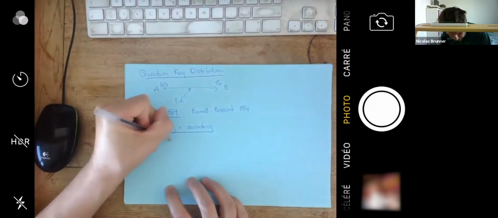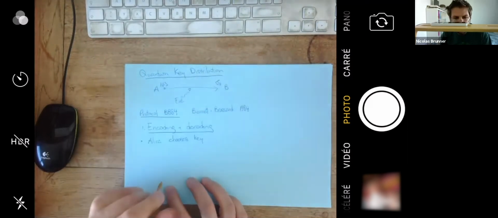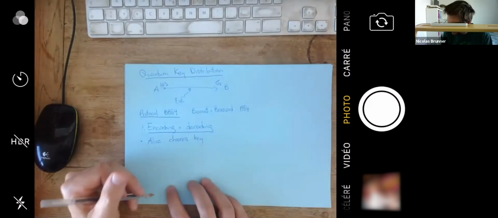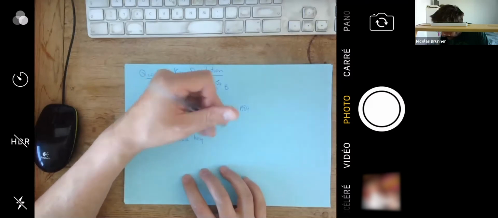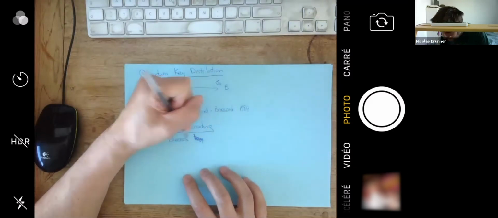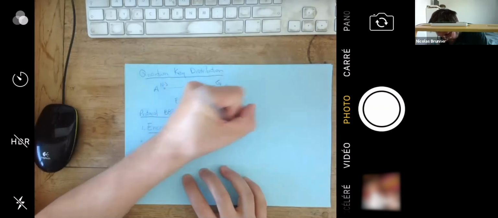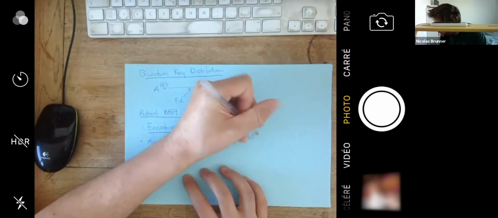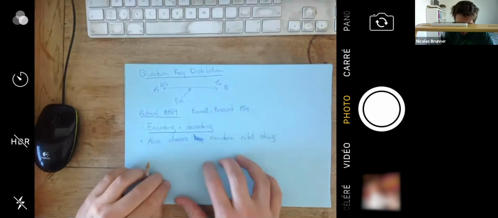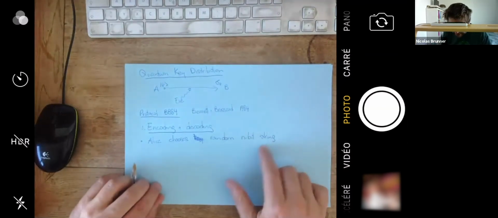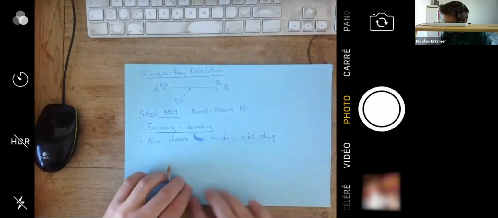Alice first chooses the key. In fact, sorry, maybe I should not say it like this. This will not be the key yet, but Alice chooses a random n-bit string. The final key will be obtained from that. So it's not yet the key.